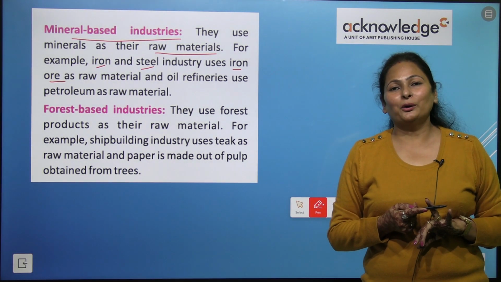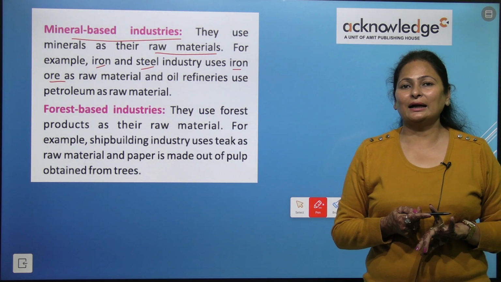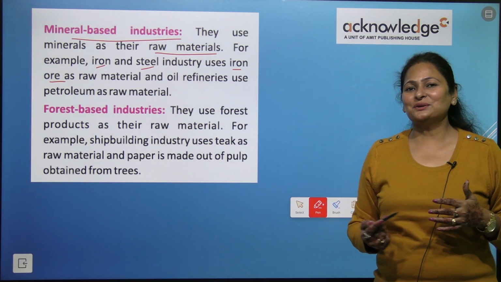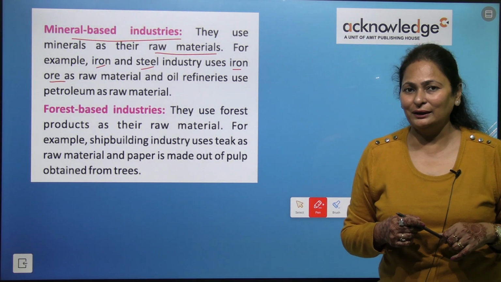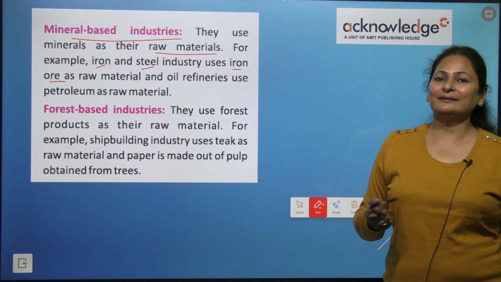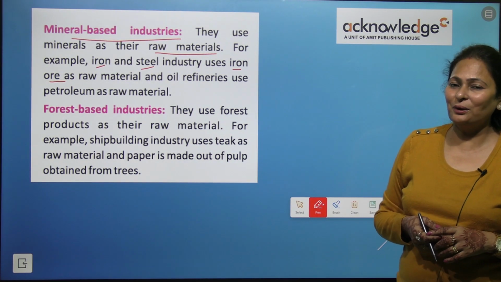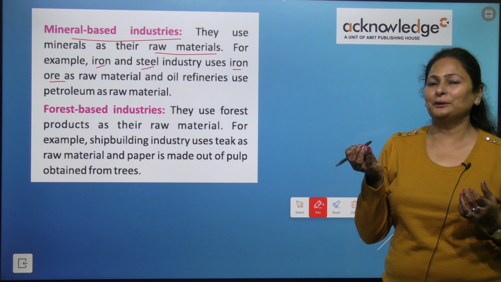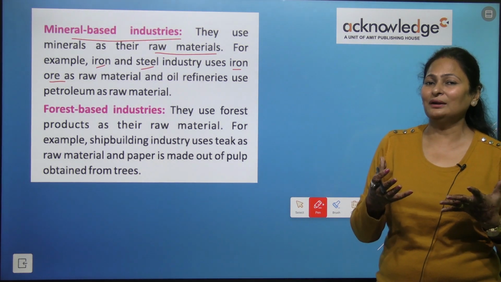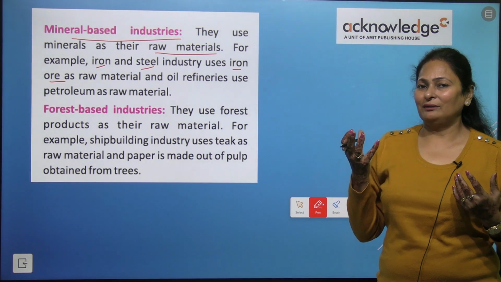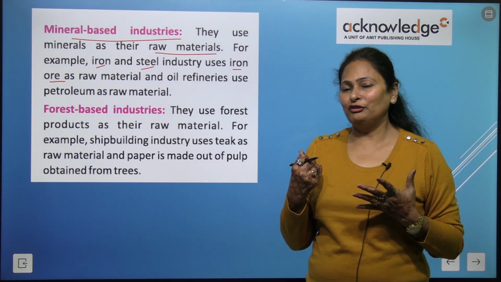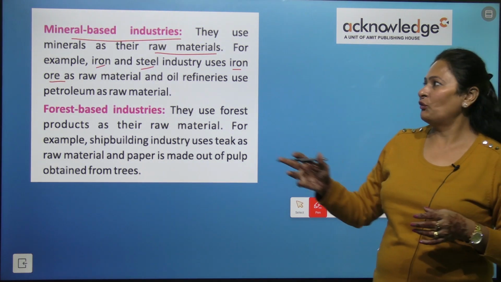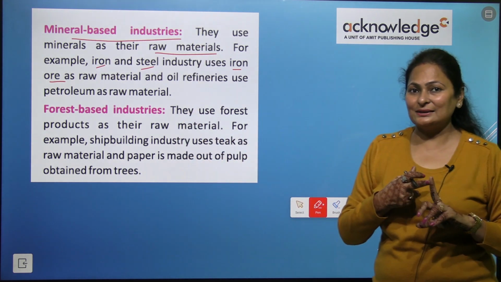We have studied about different types of ores and the metals we obtain from these ores. So these ores are sent to the industries to get the final product. Like iron, we get iron from the iron ores, right? And we obtain petroleum products like diesel, petrol, white petrol, kerosene from the oil that we extract from the oil fields or oil wells, right? So these are the raw materials for mineral-based industries.